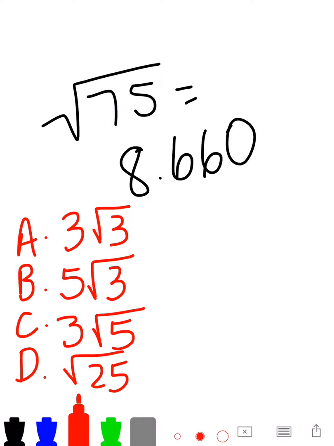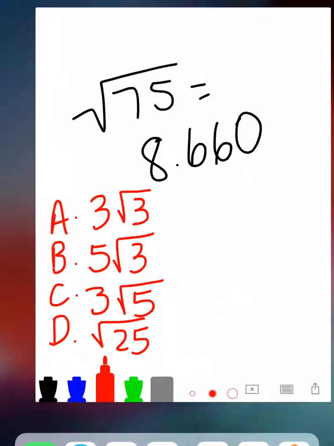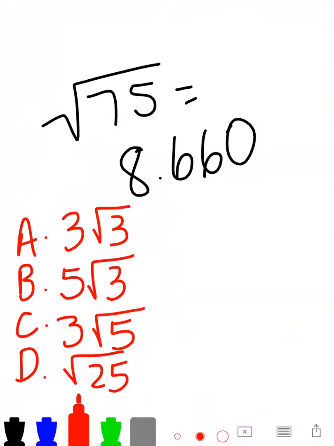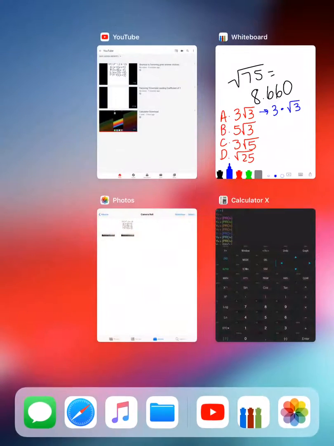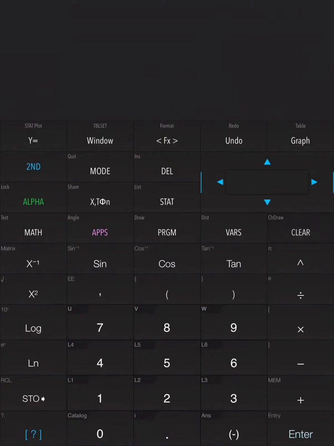So, just like before, you're just going to go and start with answer choice A. Answer choice A says 3 times the square root of 3. And that's exactly how you're going to write it in your calculator. You can clear out, or as a matter of fact, you can leave that up there.